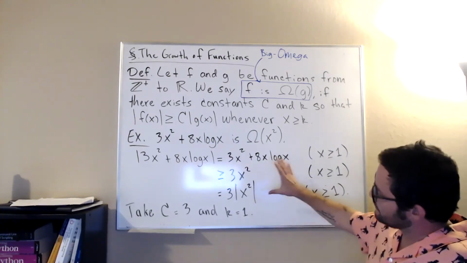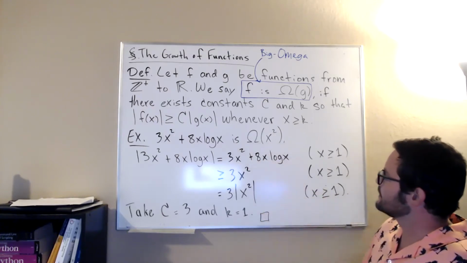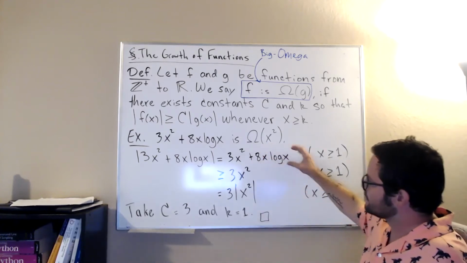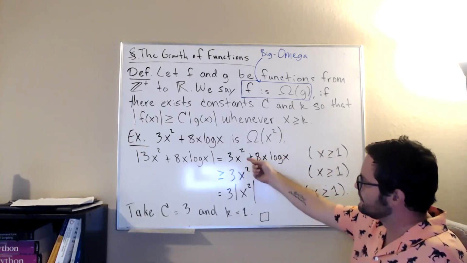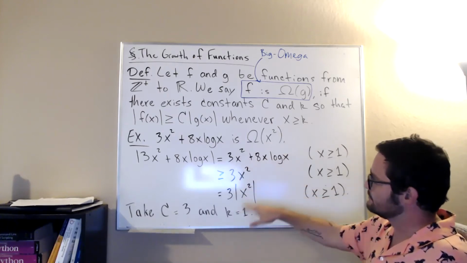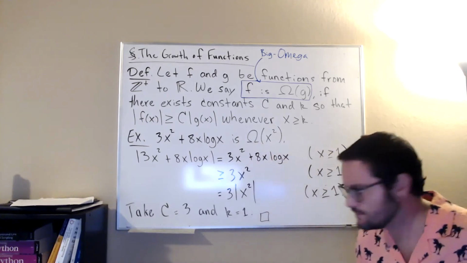So this shows that that function is big omega of x squared. Just because this is a positive term, we just drop it away, and that's clearly greater than or equal to that. That's equal to that. So done. That function is big omega of x squared.